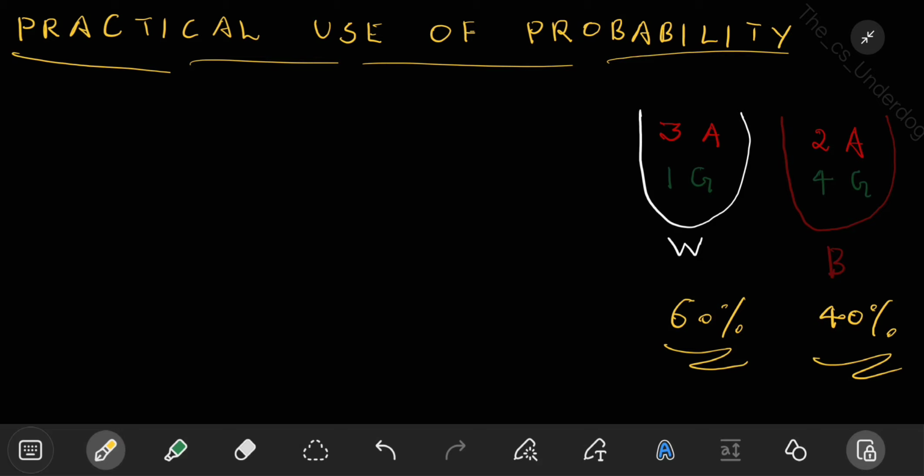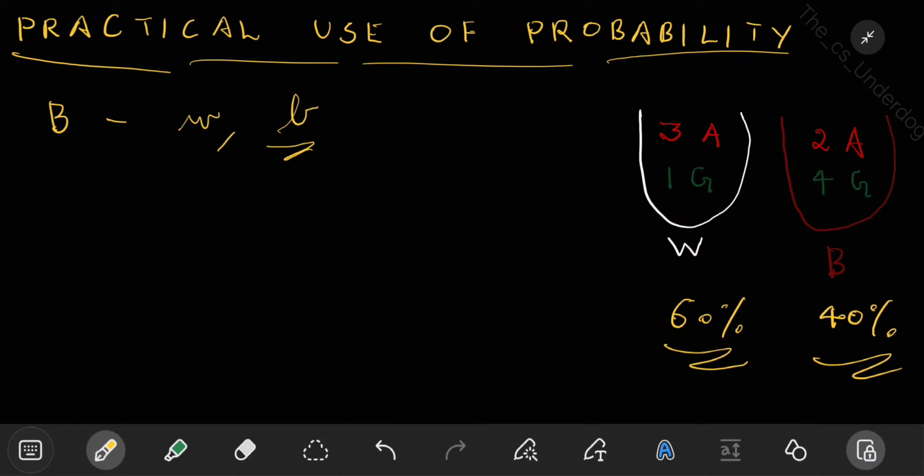Okay. So what does this mean? Let us take there is a random variable B, which corresponds to bag. And this variable B can take 2 values. It can either take the value white for the white bag, or it can take brown for the brown bag.